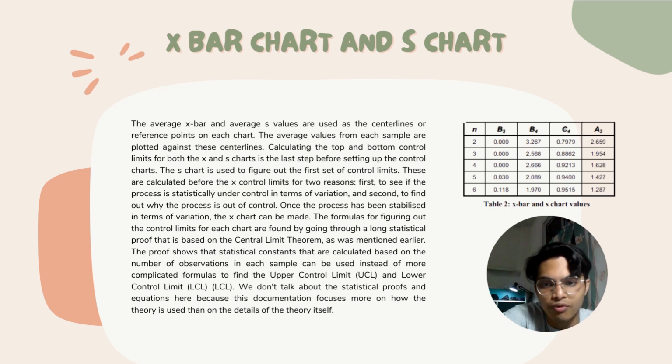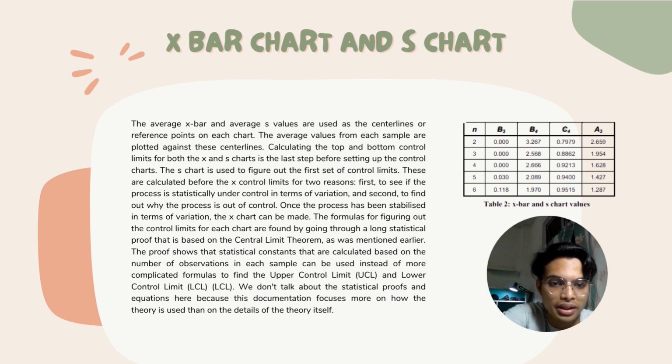So the formulas for figuring out the control limits for each chart are found by going through a long statistical proof that is based on the central limit theorem, as was mentioned earlier. The proof shows that statistical constants that are calculated based on the number of observations in each sample can be used instead of more complicated formulas to find the upper control limit UCL and the lower control limit LCL.